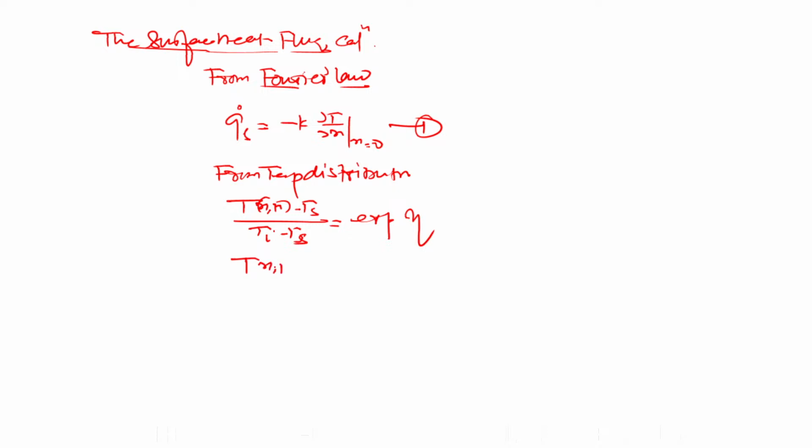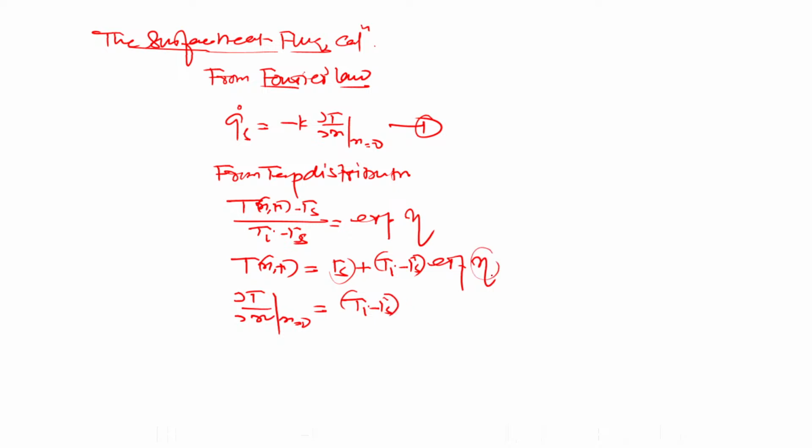T as a function of x and time is equal to Ts plus Ti minus Ts into error function of eta. Then del T upon del x at x equal to 0. First, Ts is a constant value, so it is 0. Then we get Ti minus Ts. And this error function is not constant, because it's a function of x as well as time.